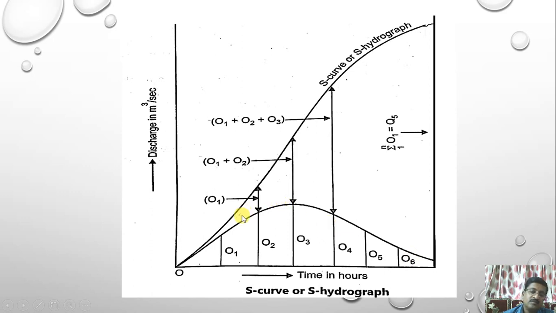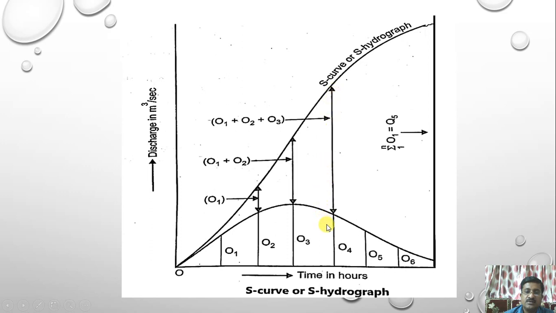But when we are summing up every rainfall, initially O1 is there, then next time O1 plus O2. Initially O1 is plotted here, you can see O2, then next O1 plus O2, addition of that.